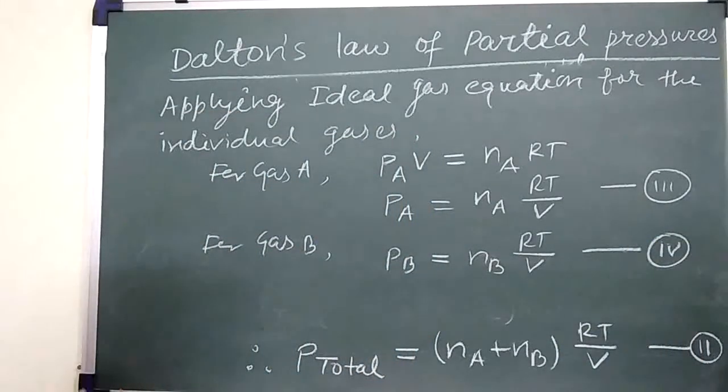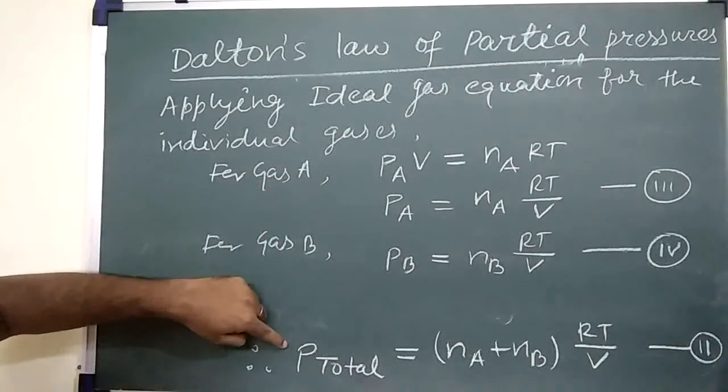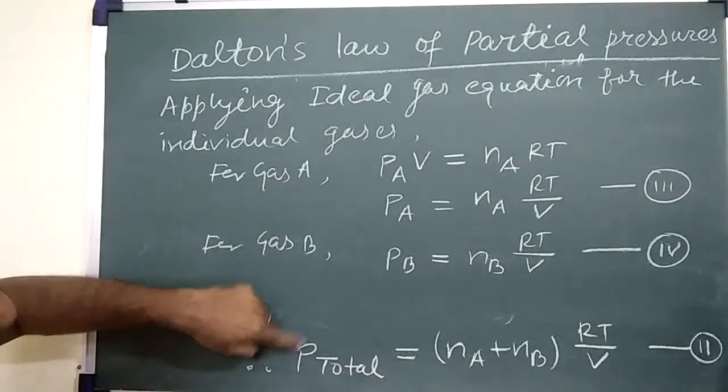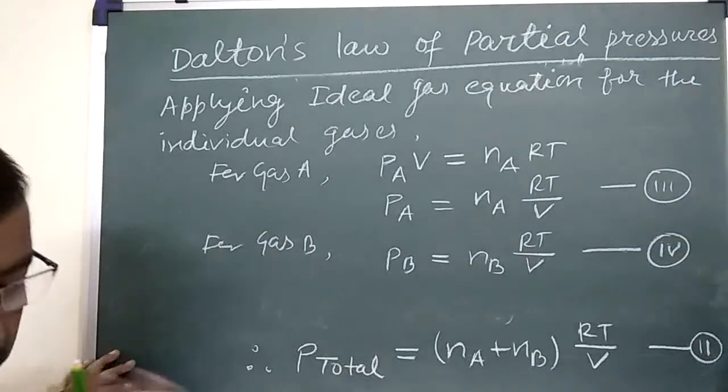Now divide 3 by 2, PA by P total. Then what do we get?